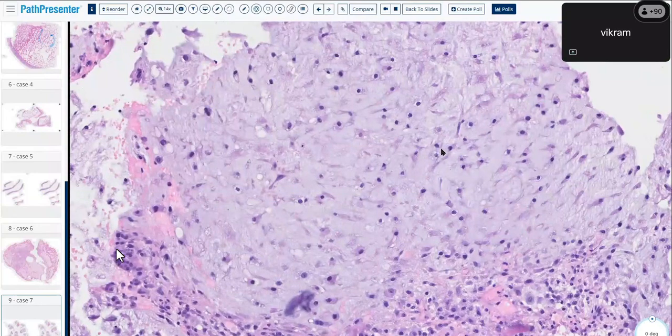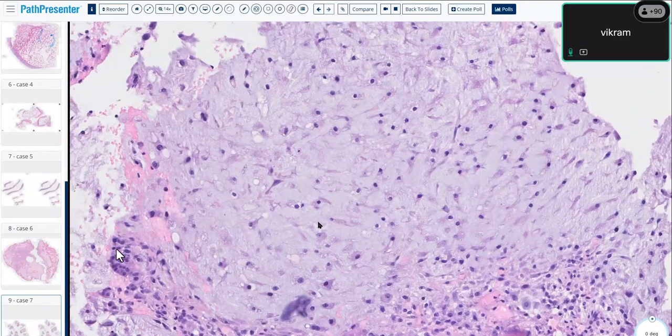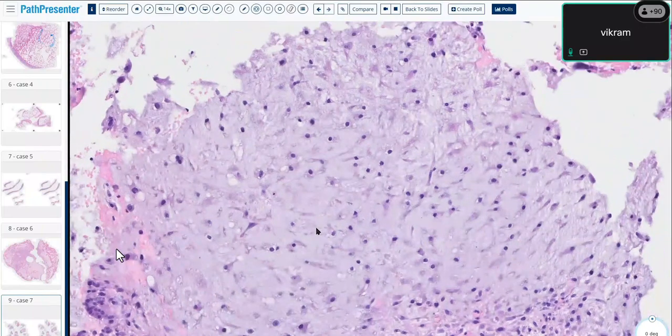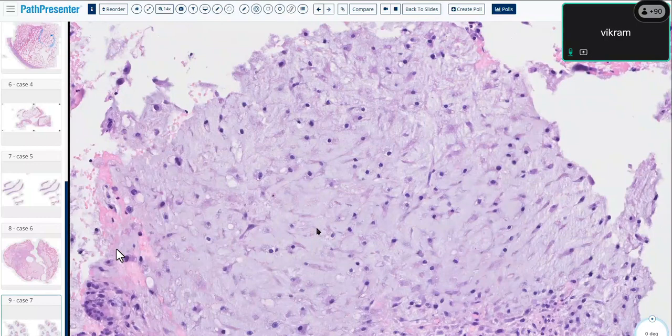I know everyone's looking for entrapment, encasement, infiltration. But this is cartilage, right? They're chondrocyte nuclei. This is way too cellular. Ignore the osteoclast-type giant cells at the periphery for a moment. Just look at this. This is too cellular. This is myxoid. The nuclei are no longer lymphocyte-like. This is grade 2 chondrosarcoma until proven otherwise.